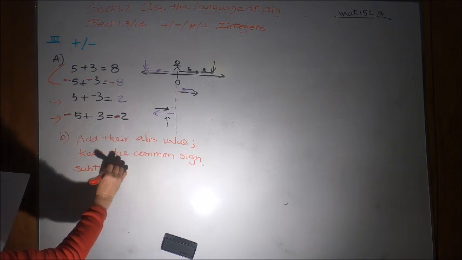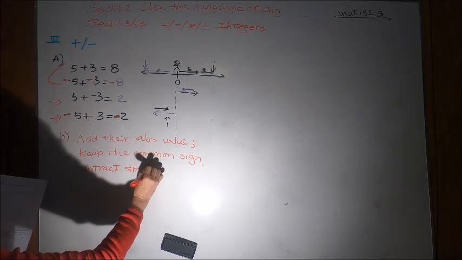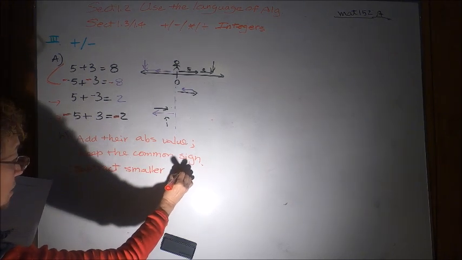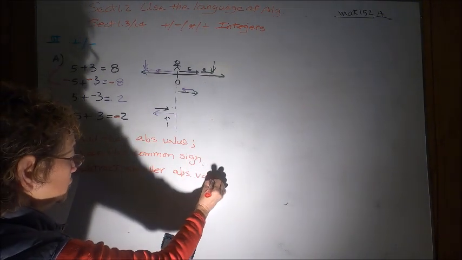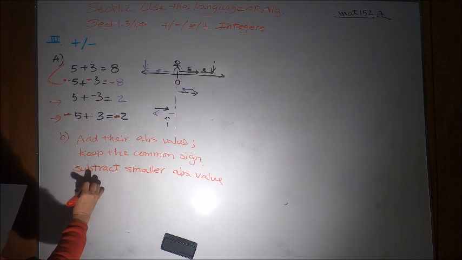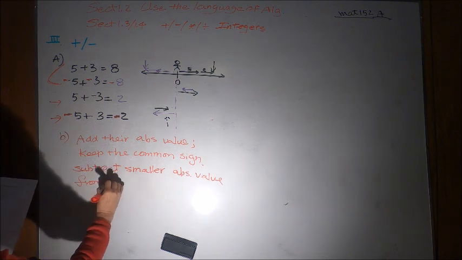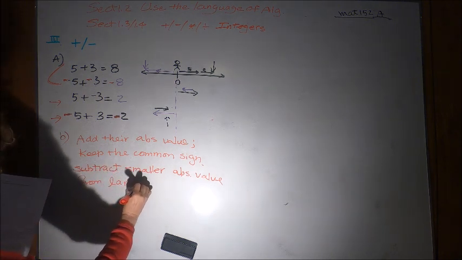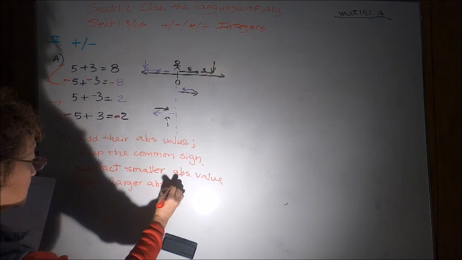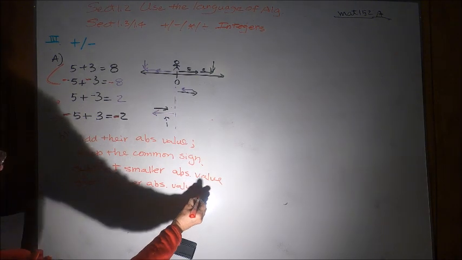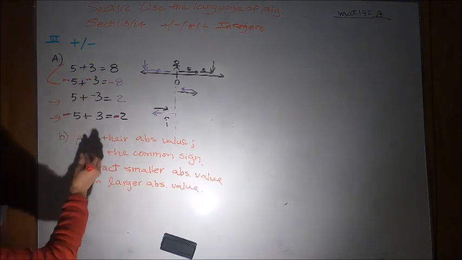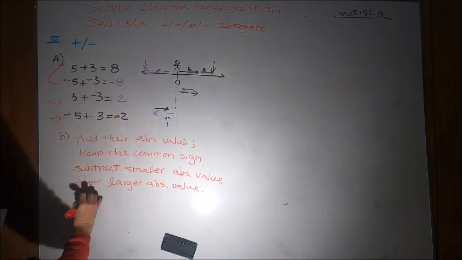Subtract the smaller number, smaller steps, smaller absolute value, we say, from the larger one, right? Then which sign do we use? It depends.